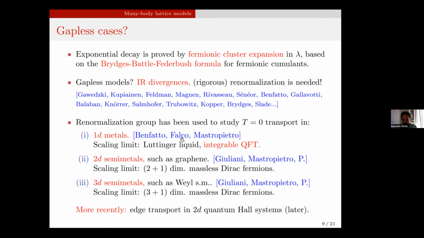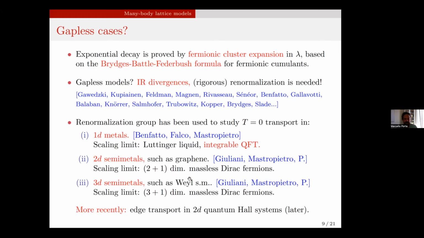The other cases, and that's where I was also involved, are 2D and 3D semimetals, so materials with point-like Fermi surface. Before we've seen graphene, but in 3 dimensions there are also these Weyl semimetals, which also have point-like Fermi surface. In both cases, the low energy excitations of the system are described by emergent relativistic particles, so 2+1 dimensional or 3+1 dimensional massless Dirac fermions.